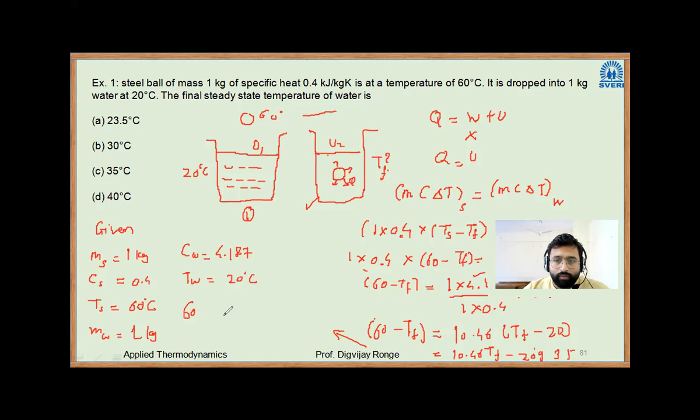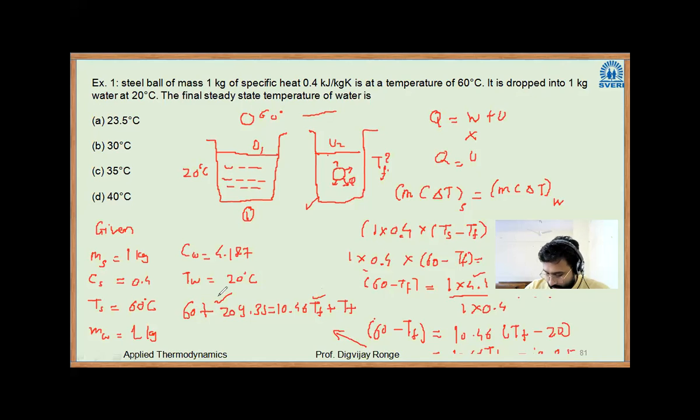So this will become 60 plus 209.35 equal to 10.46 Tf plus Tf. Now I think you can solve it. Do the addition of this, do the addition of this, take this on this side.